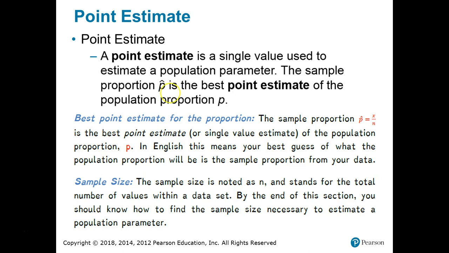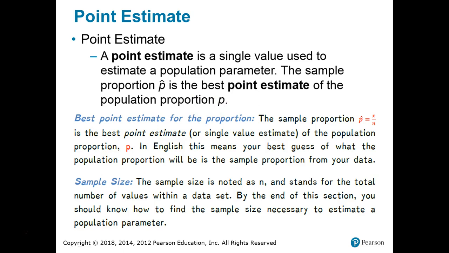To say that again, the sample proportion is p hat. That is the value that we have based on the sample, and we are trying to use that sample proportion to estimate the population proportion. So think of the sample proportion of the M&Ms, the 21%, as p hat. The population proportion p, we don't know, and that's what we're trying to figure out in this section.